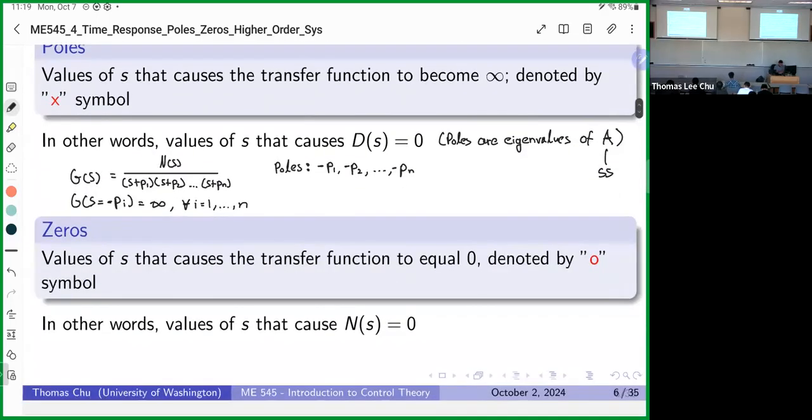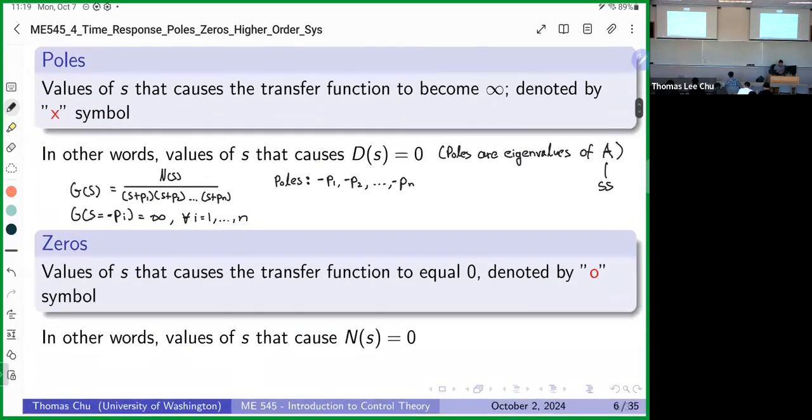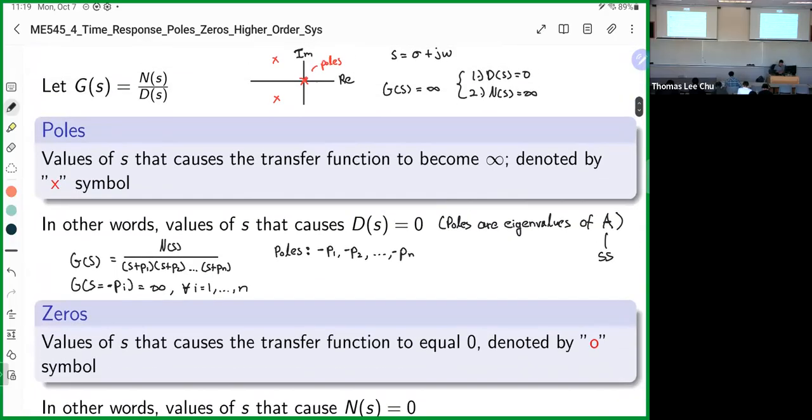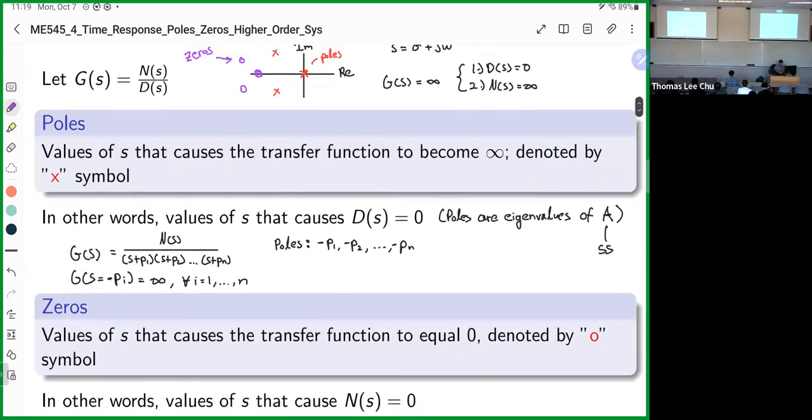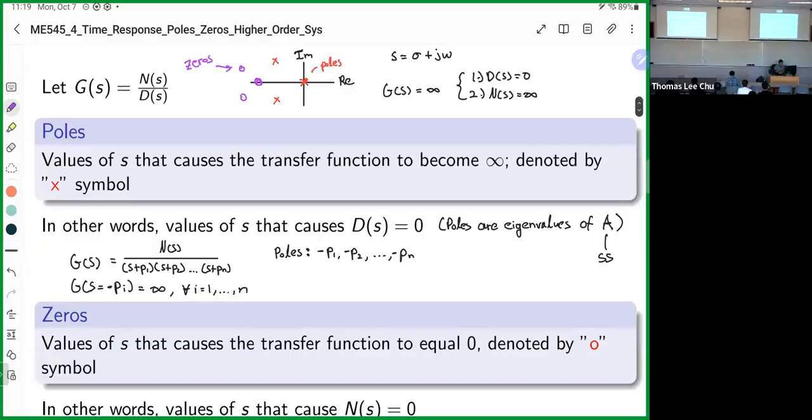Okay. So then zeros are values of s that cause the transfer function to equal 0, which is denoted by the little circle. So maybe we can say this is a 0. These are zeros. So just values of s that cause N of s to go to 0.